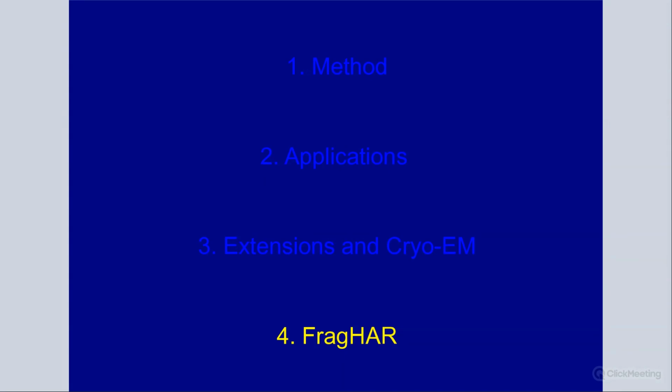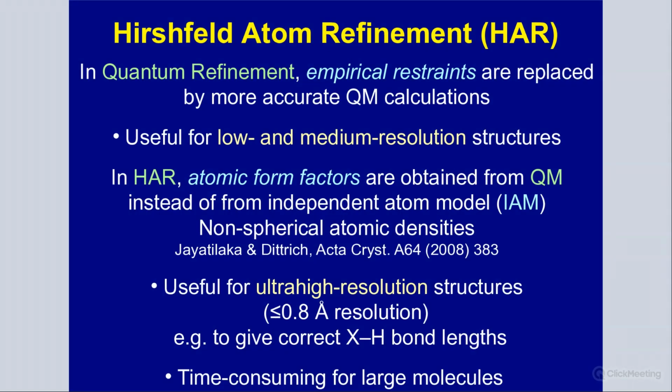And finally, I will say a few words about the Frag-HAR method, so the Hirschfeld atom refinement method. What I have done so far is to use quantum methods to improve the empirical restraints in crystal structures by QM calculations, and that's needed for low and medium resolution structures.